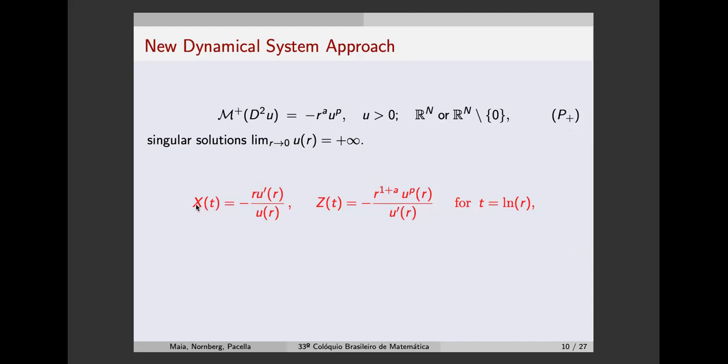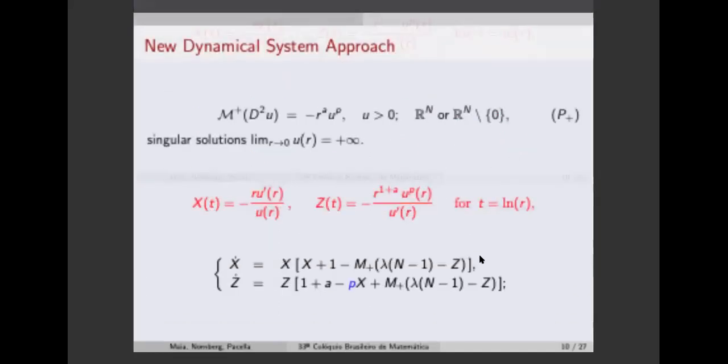We define the variable x of t as minus r u' over u, and z of t as minus r to the 1 plus a up over u', for t the logarithm of r.